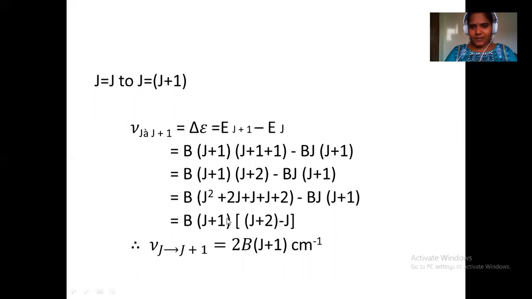So if I take this term common, I have in the first term J plus 2 minus J. So this J and this J get cancelled, and what is left is 2B into J plus 1 centimeter inverse. So if a molecule wants to transform from one level to the other level, that energy will be equal to 2B into J plus 1.